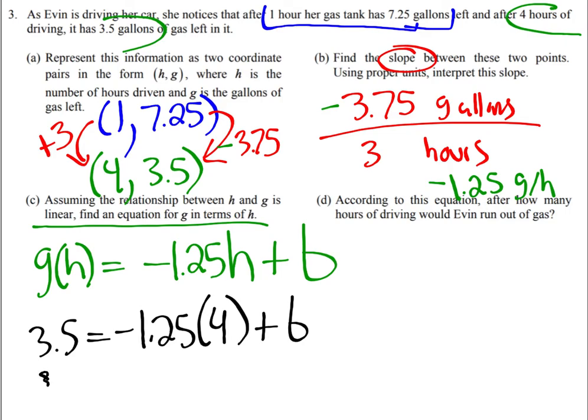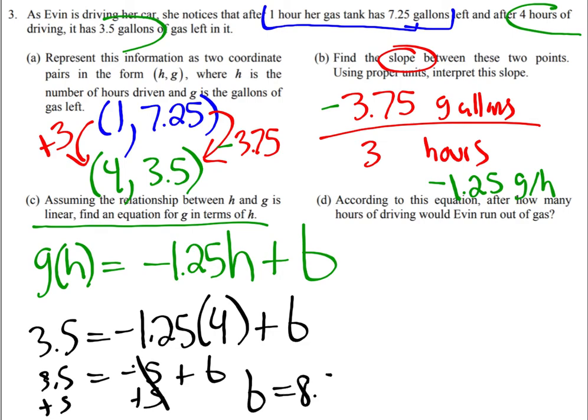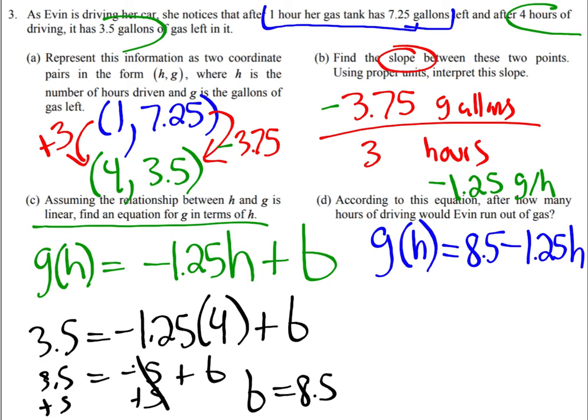This gives me 3.5 equals -5 plus something. Add the 5 over. And I find a starting value of 8.5. And now I have the awesomest equation I could get for this problem. There's going to be gallons left after h hours. We're going to start with 8.5 gallons, and we're going to lose 1.25 every hour.